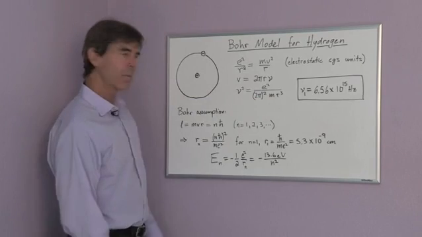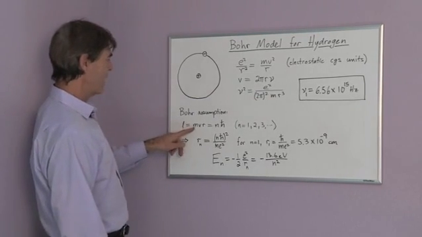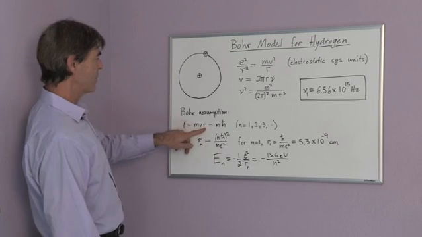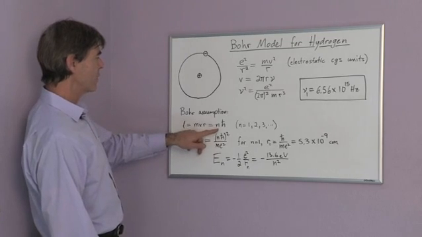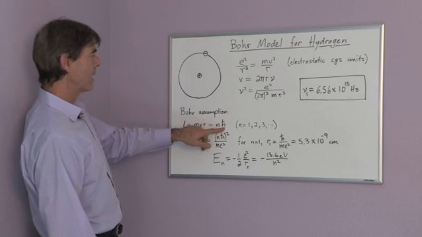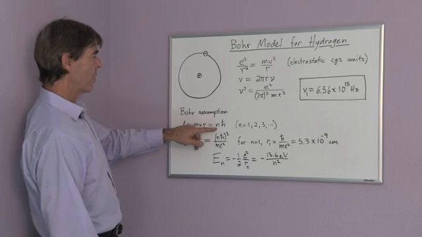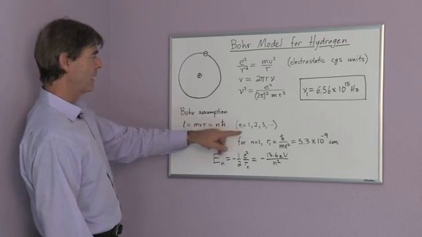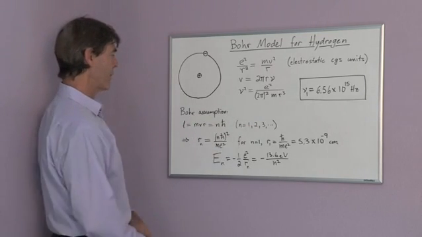Niels Bohr made the assumption that the angular momentum of the electron, which is mass times velocity times radius, is equal to an integer n times something called the Planck constant divided by 2 pi. So it's a product of n and h bar, where n is equal to 1, 2, 3, and so on.